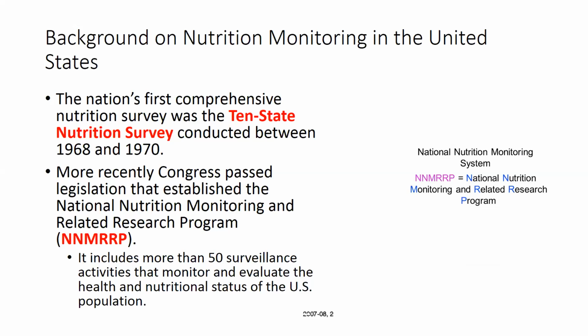So we have more than 50 different surveillance activities that look at the health and nutrition status of the US population. So clearly, there's an understanding that this is important and it impacts the health of our country. So that's why we have this large umbrella system in place.